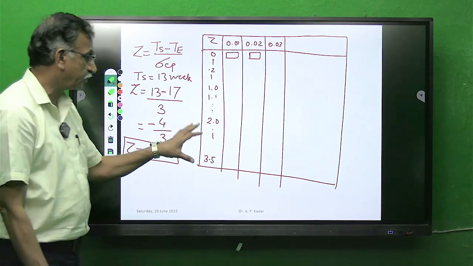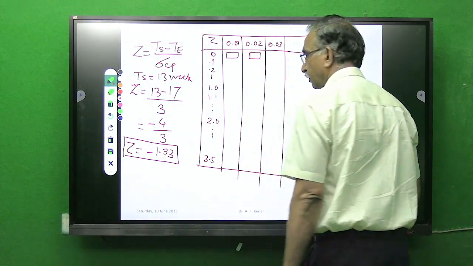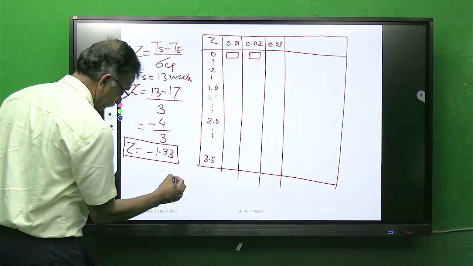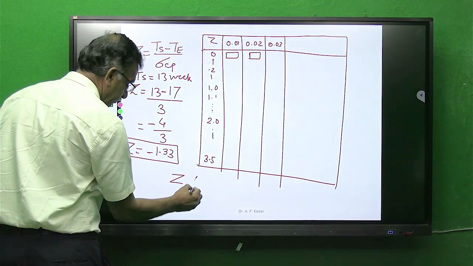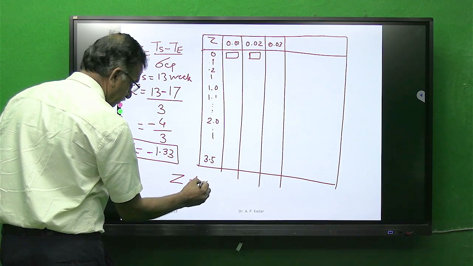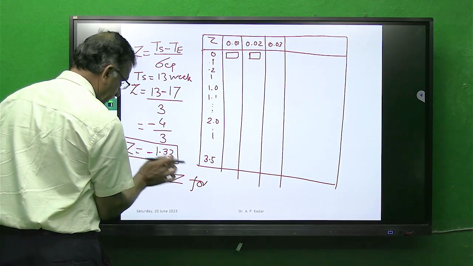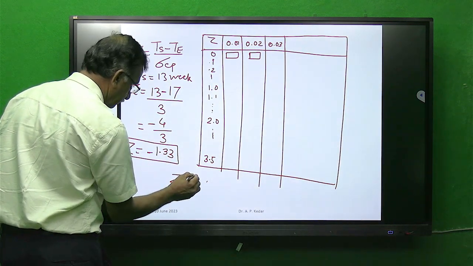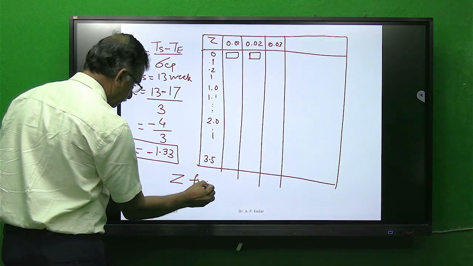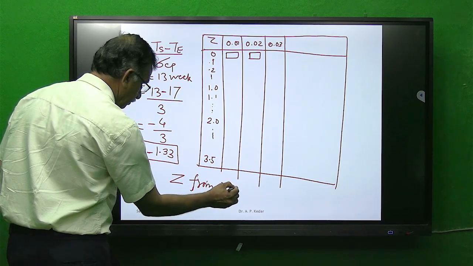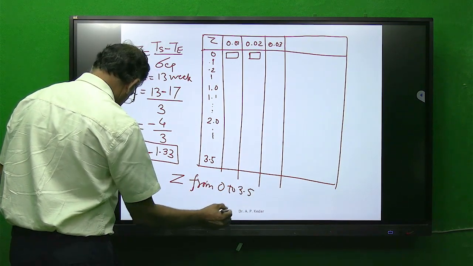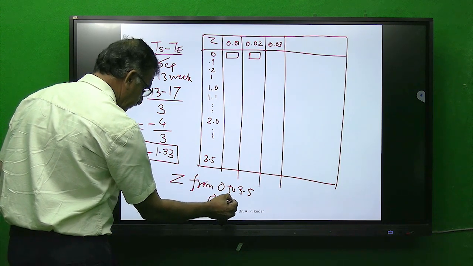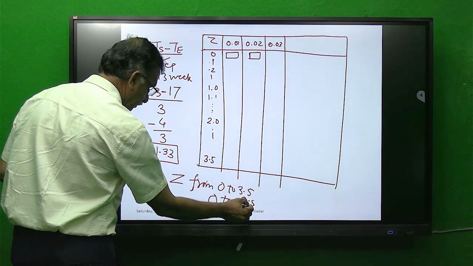Now these tables are available in a data book for values of Z ranging from 0 to 3.5 and 0 to minus 3.5.